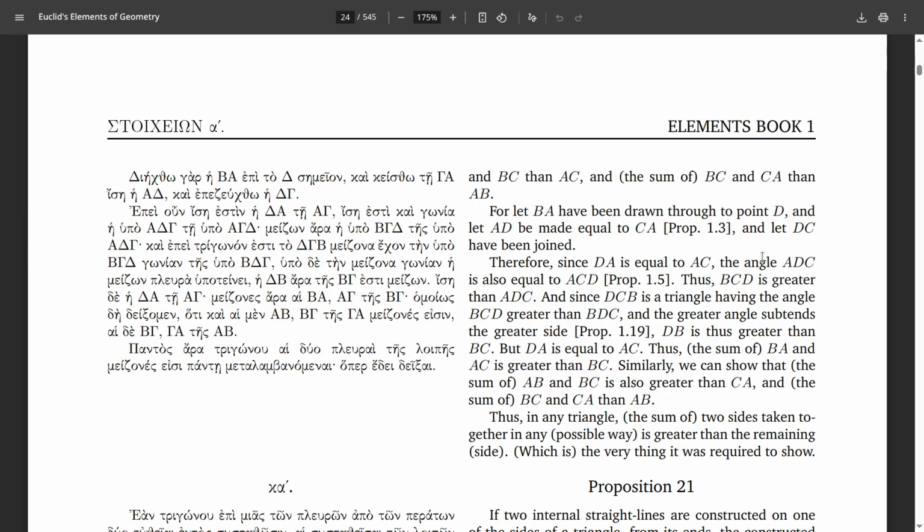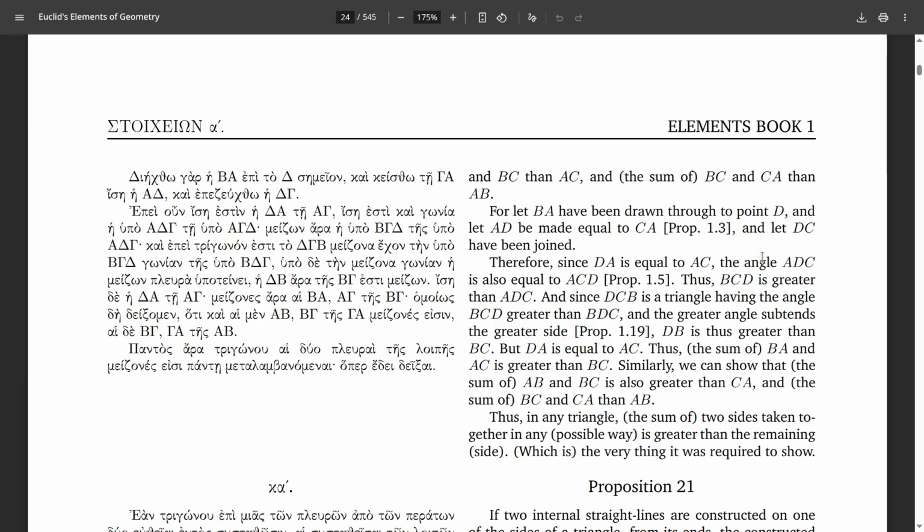So thus the angle BCD, which is this one, is the biggest angle because B and D make the largest thing.